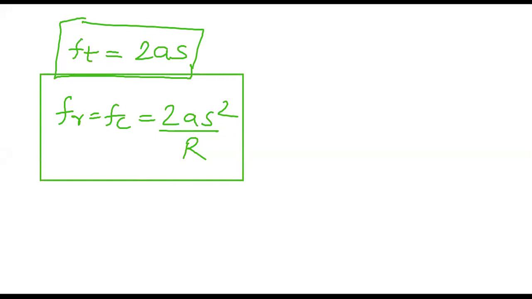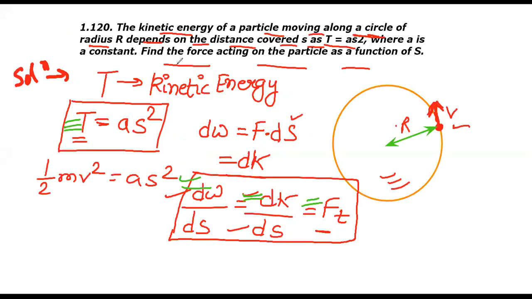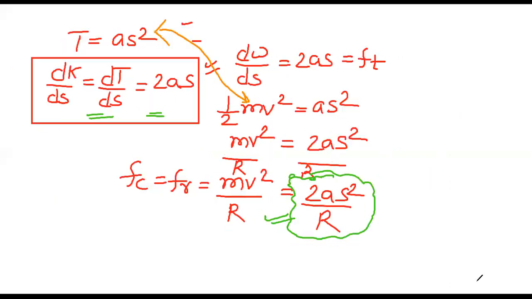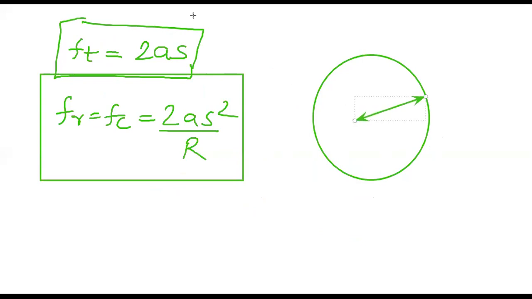In the question it is asked to find the force acting on the particle as a function of s. By force it means total force. We know that in a circular case, I will draw a diagram for you. Suppose this is a circle, this is the radius, and this is the point for the particle.